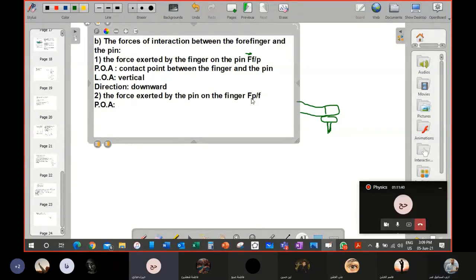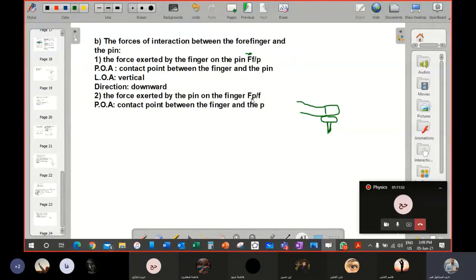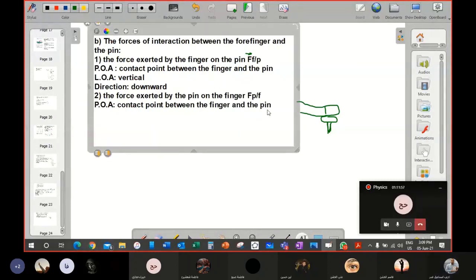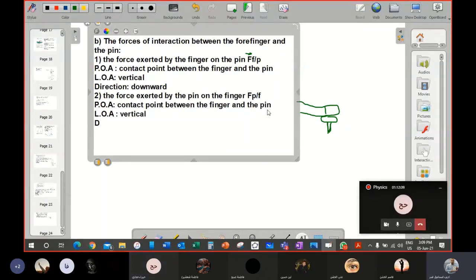Contact point between the finger and the pen. Good. Line of action? Vertical. Very good, the same. Direction should be opposite to the first one: upward.